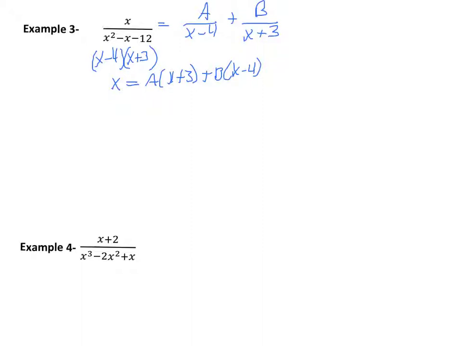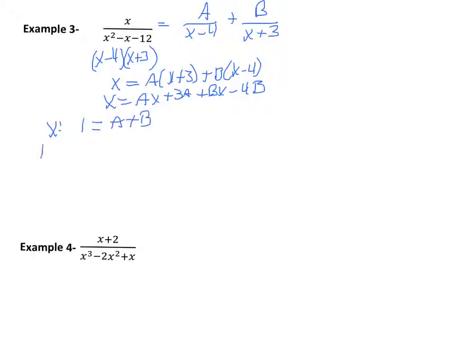So we're going to distribute a and b. So I get x equals ax plus 3a plus bx minus 4b. Now we go our x to the first here, so we get 1 equals a plus b.